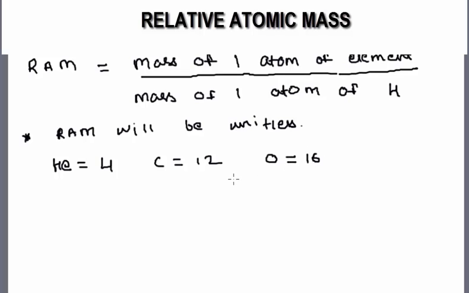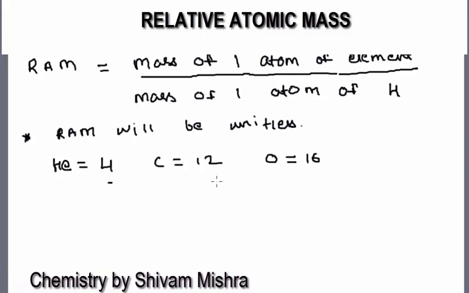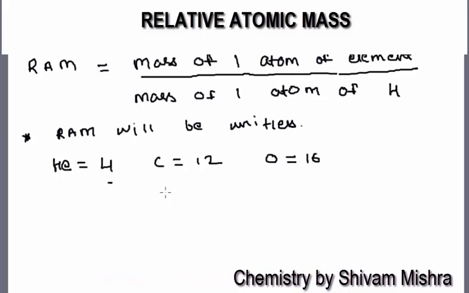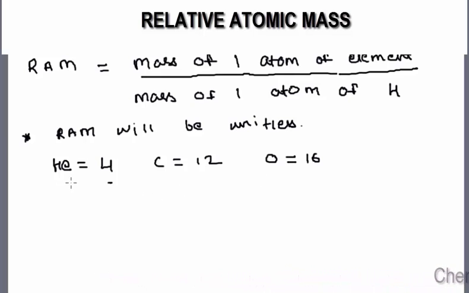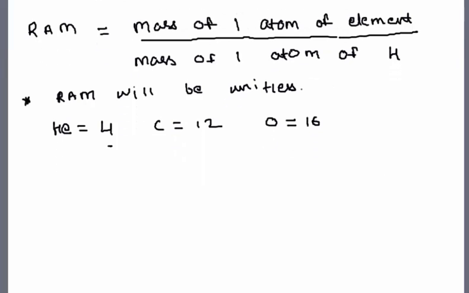Fundamentally, these numbers simply indicate how many times a given atom is heavier as compared to the hydrogen atom. When I say that helium has a relative atomic mass of 4, it means that one atom of helium is 4 times heavier than one hydrogen atom. Similarly, carbon has a RAM of 12, which means that one carbon atom is 12 times heavier as compared to one hydrogen atom.